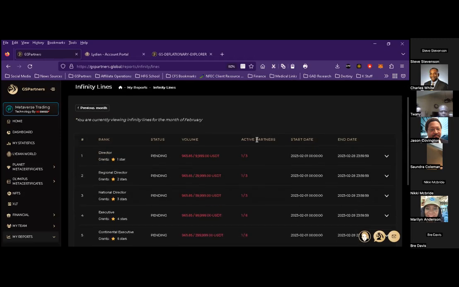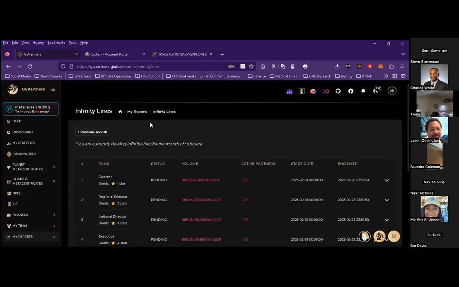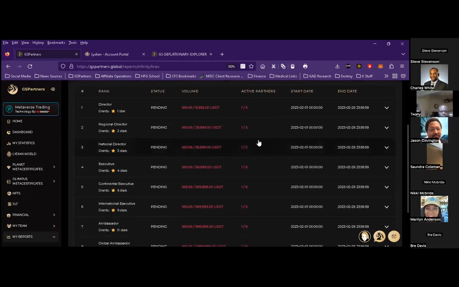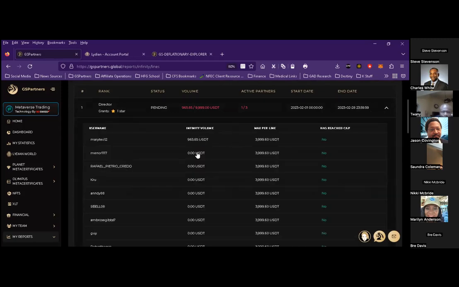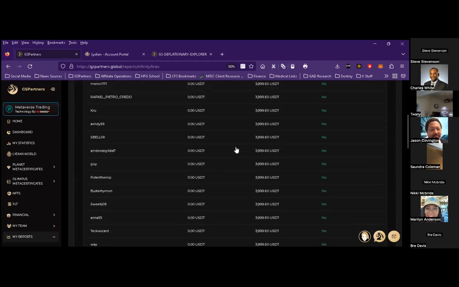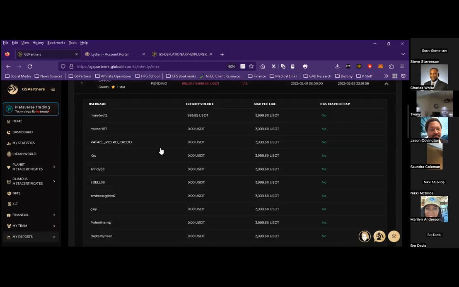Okay, thank you. This here, the infinity lines, shows you your ranks that you're hitting, as well as who is contributing to your hitting those ranks. So you can actually see who has created volume for you, their maximum at this particular rank per line that you can count towards your infinity ranks. And it goes all the way down for people who have reached their cap and who they are. And this is where you can actually take a look, because it doesn't have their names, it has their username.